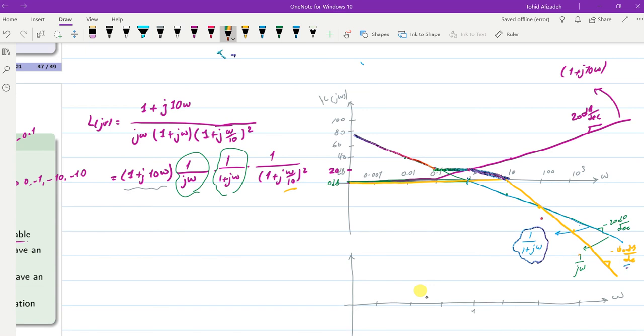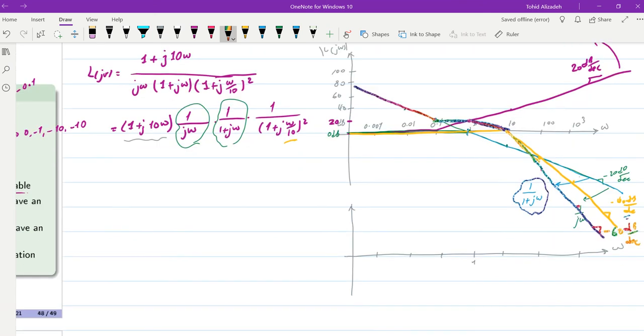And at omega equal to 10 to the power of 3, we will have minus 120. So the approximate Bode plot will be like this, where here we have minus 60 decibel per decade. So the approximate Bode plot for the system will look like this one. And this is for the amplitude only.